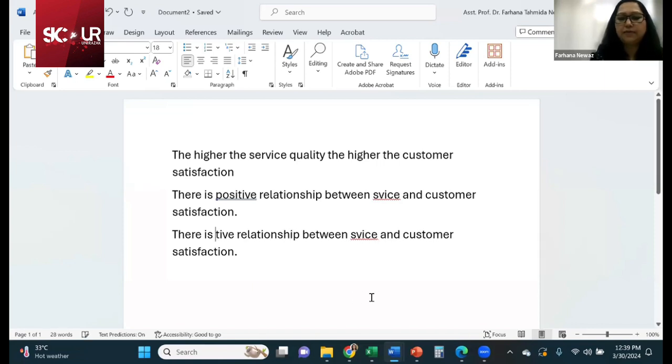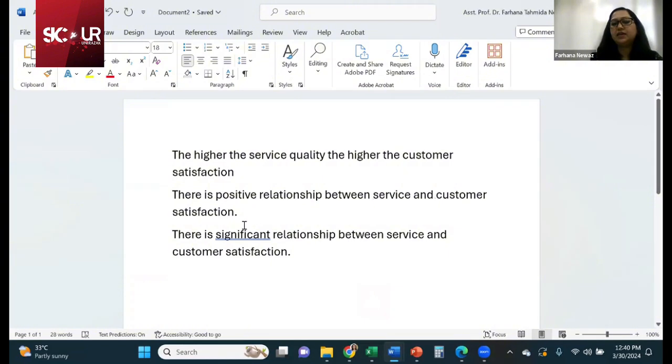Some of the studies found that there is a relationship. See, there is a significant relationship between the service quality and customer satisfaction. Look, the same thing, but we are writing in a different manner.